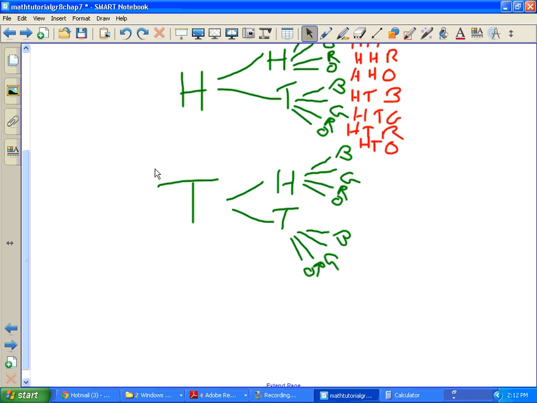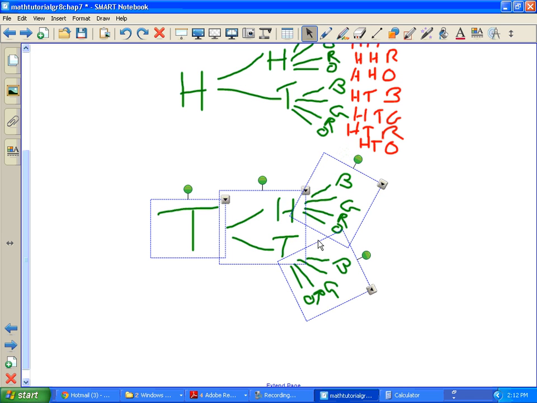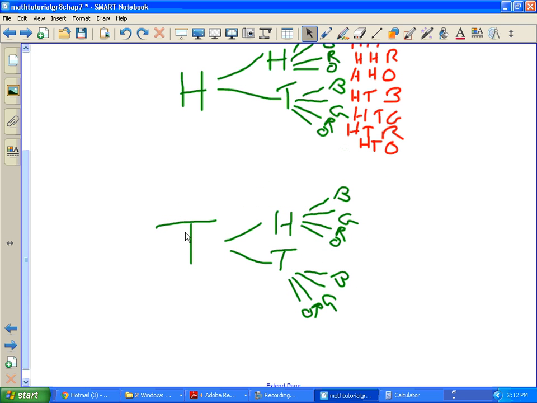Going down even further, I could have gotten tails on my first turn. And then I could have gotten tail, head, blue, or tail, head, green, or tail, head, red, or tail, head, orange. And the other way, I could have gotten tail, tail.